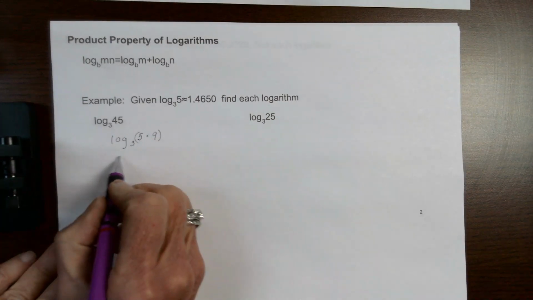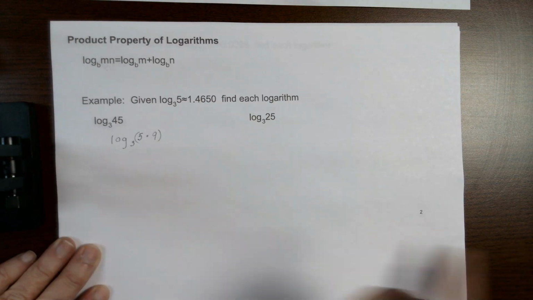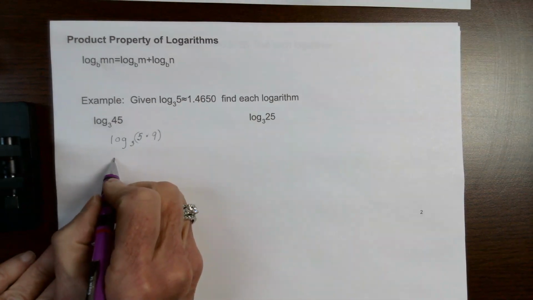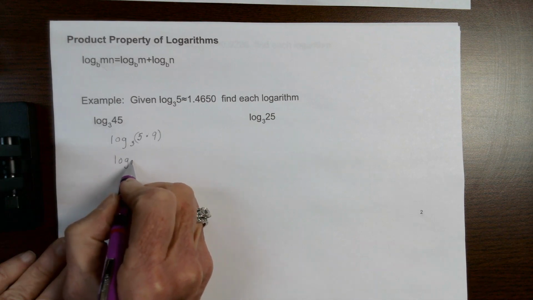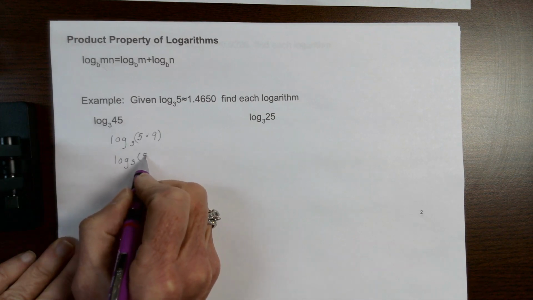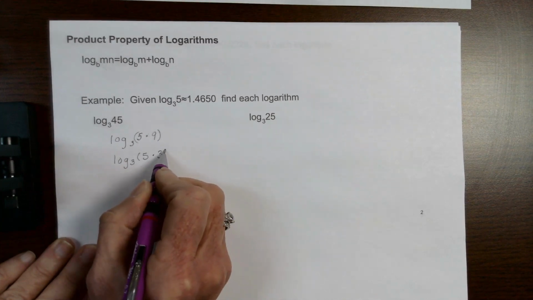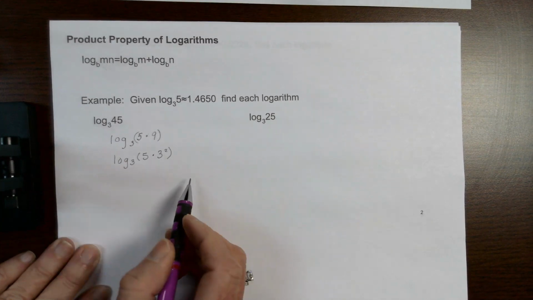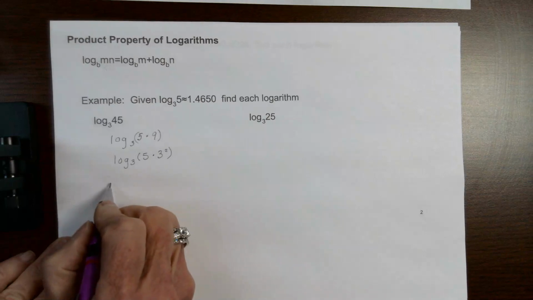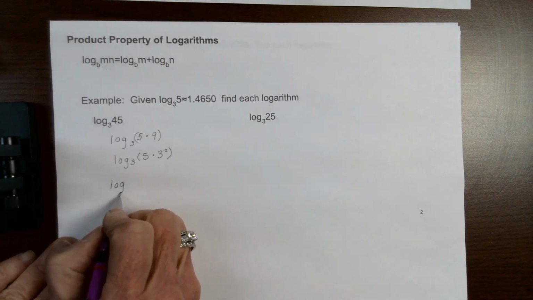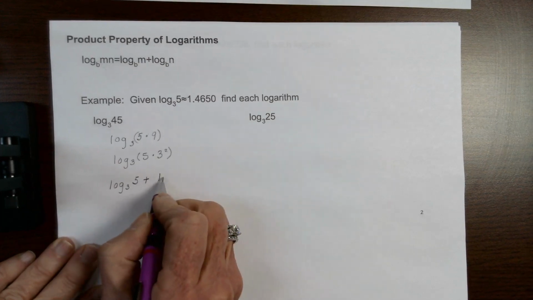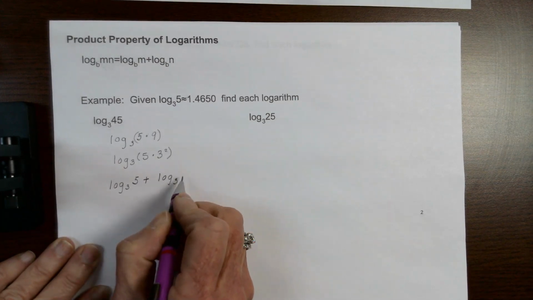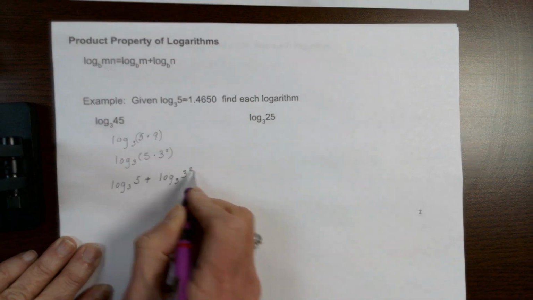Okay, but then I can turn around and go, 9 is the same thing as 3 to the second power. So I could say the log base 3 of 5 times 3 to the second power. Now I'm going to separate it into an addition problem: the log base 3 of 5 plus the log base 3 of 3 to the second power.